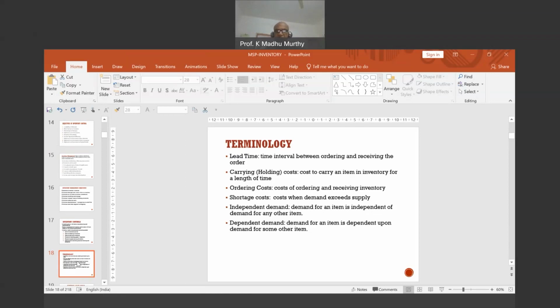Ordering costs, carrying costs, you can understand. What is the cost of holding inventories? One is the cost of materials.